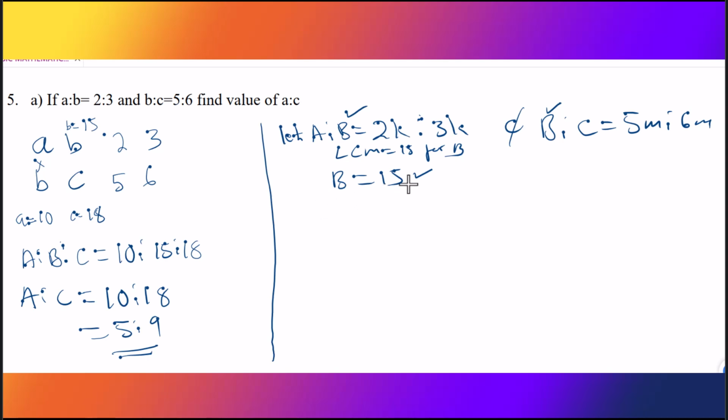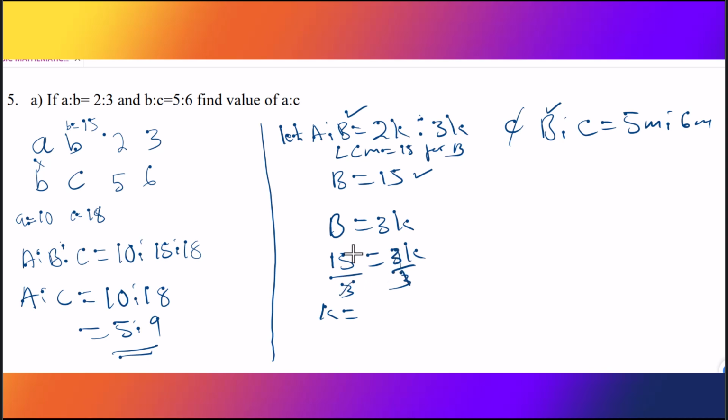Now that B equals 15, let us look for the value of K. We said B is equal to 3K, and B is 15. So 15 is equal to 3K. Now let us divide both sides by 3.